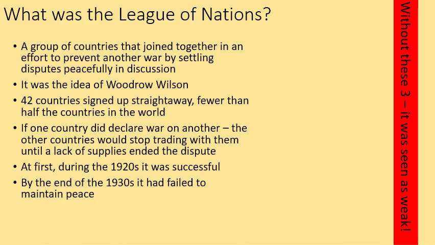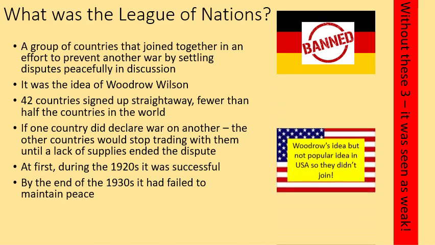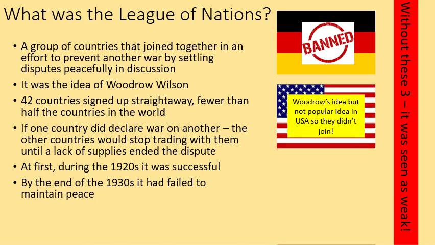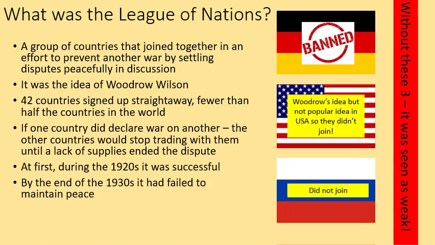So we're going to just look now at how the League was put together. Actually maybe I should just quickly mention this. As I've just said, Germany were banned. They were not allowed to join the League. And then you've got America there. It was Woodrow Wilson's idea, but in the USA, it was not a popular idea, and the USA said they were not joining.